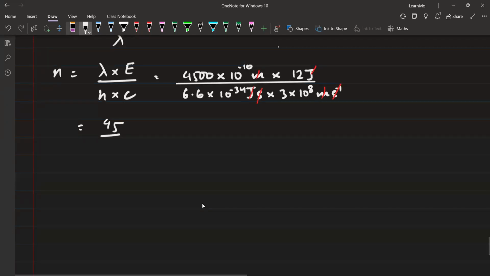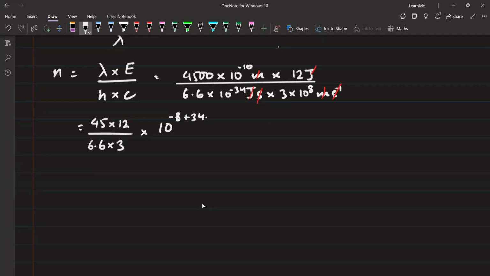And here I will write 6.6 into 3. ठीक है, 45 into 12 आएगा. पहले 45 into 12 भी करना. 45 into 12 into 10 to the power -10 का -8 हो जाएगा. And -34 will become +34. 8 will become -8. ठीक है.